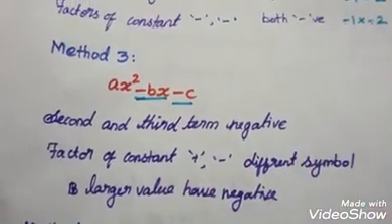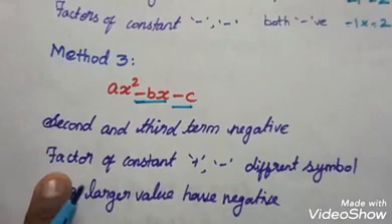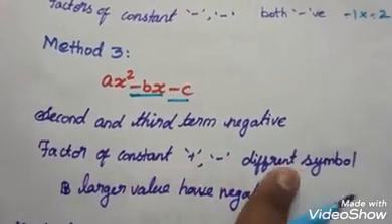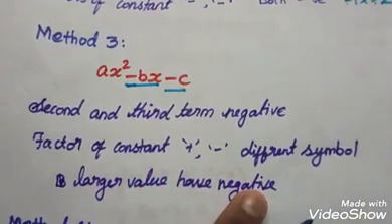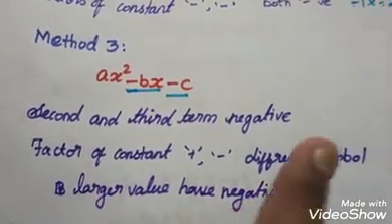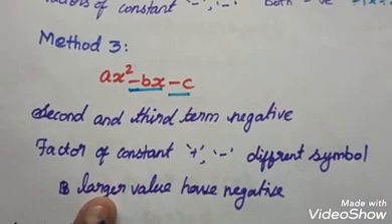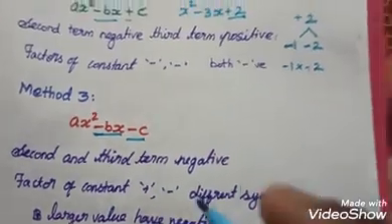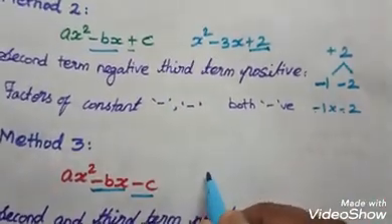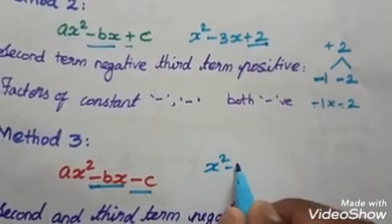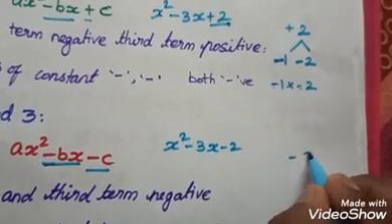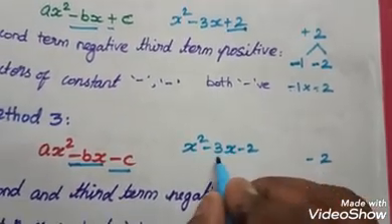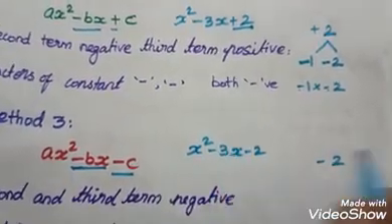Here we have to follow another condition also. The first condition: the factors have different symbols. Another condition: the larger value is negative; we take only the larger value as negative. So I give the same example: x square minus 3x minus 2. Here we need minus 2 by the product, and minus 3 by sum or difference.